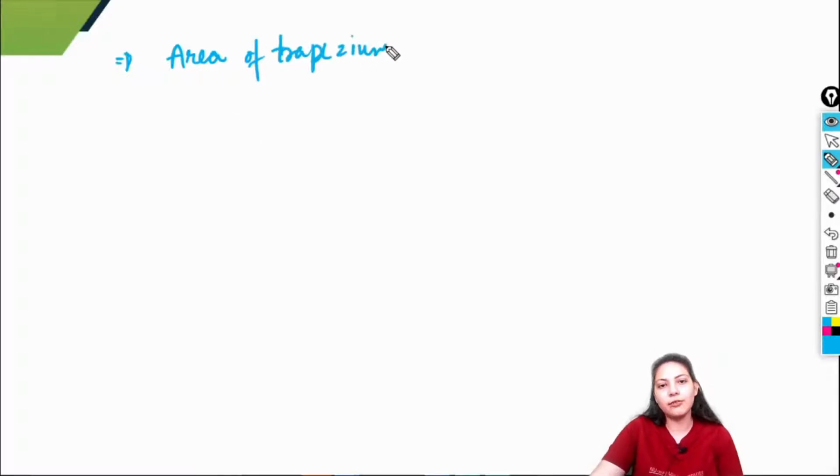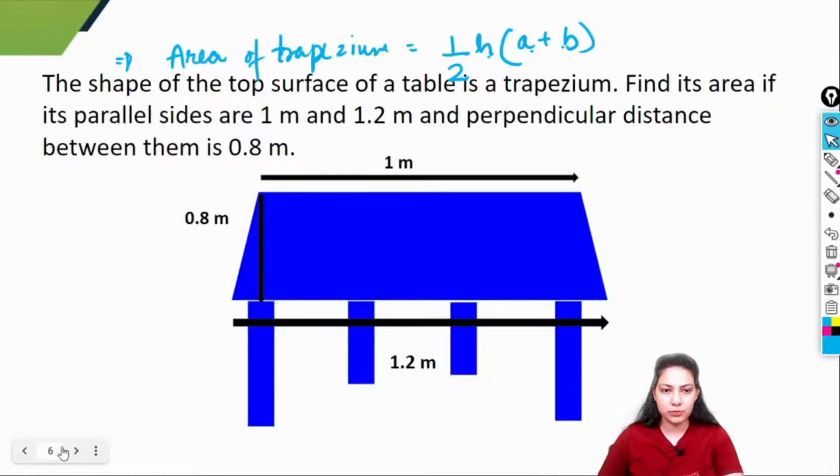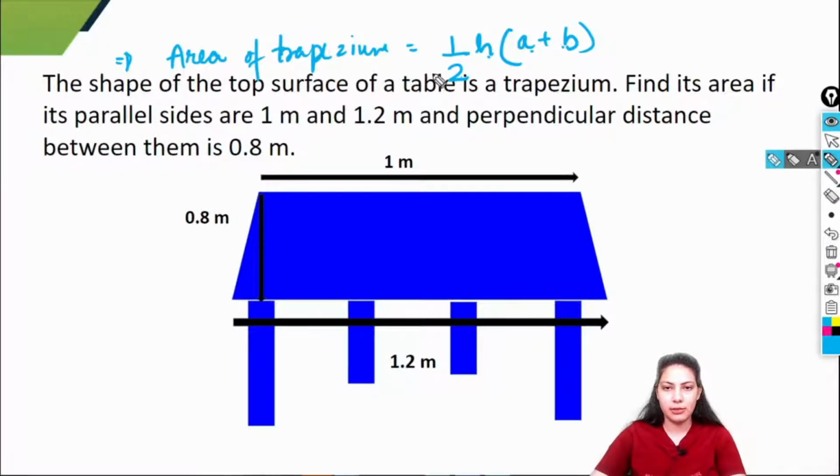So let me write here the formula as half into height into a plus b, where a and b are parallel sides, h is the height of trapezium and half is a constant. So let's check the dimensions given.